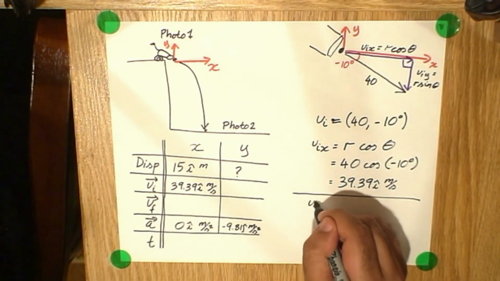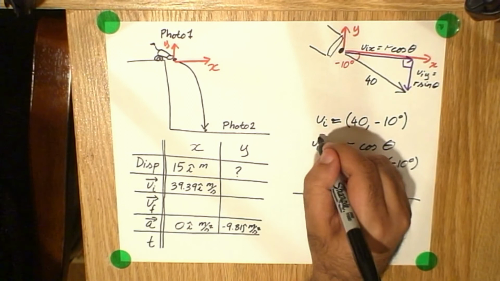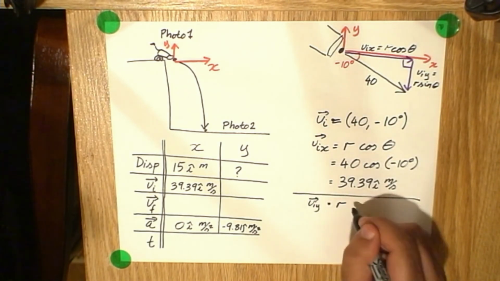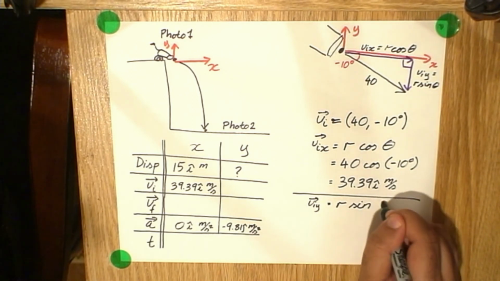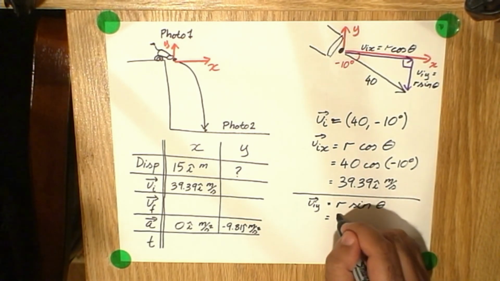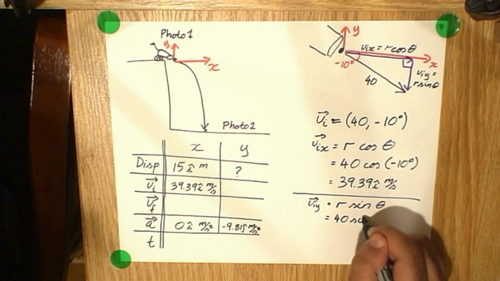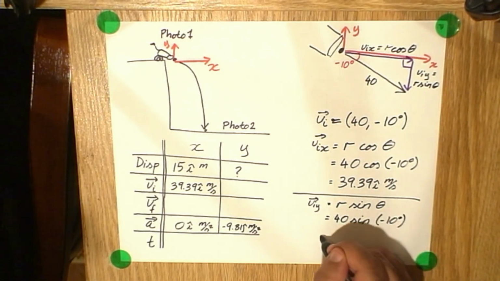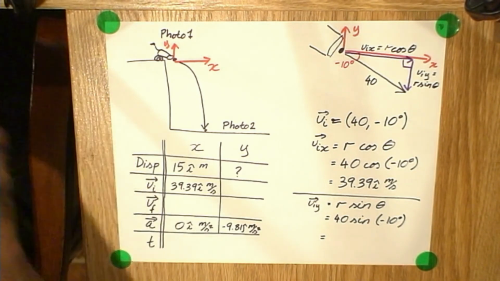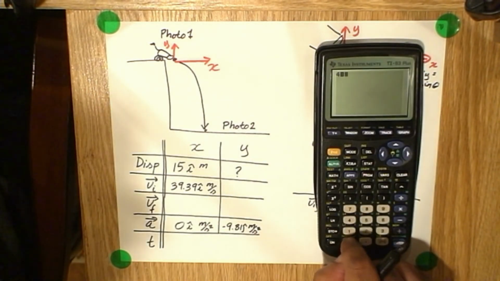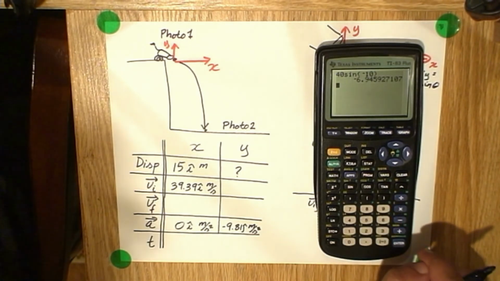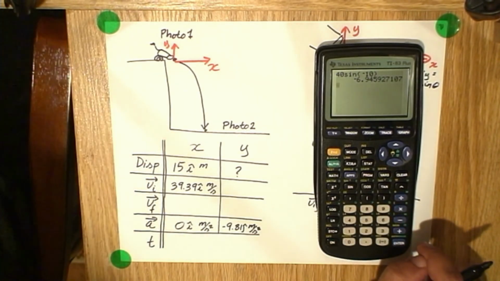And V initial in the y direction is going to be r sine theta, which is 40 sine of negative 10 degrees. And that works out to negative 6.95.